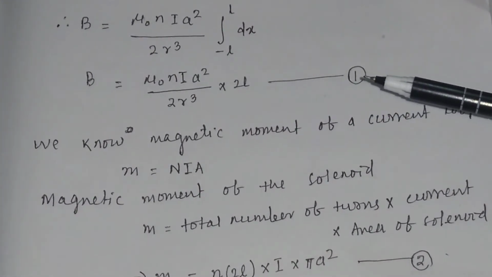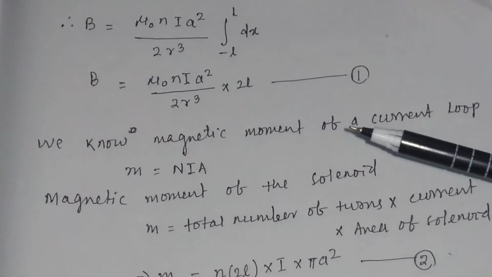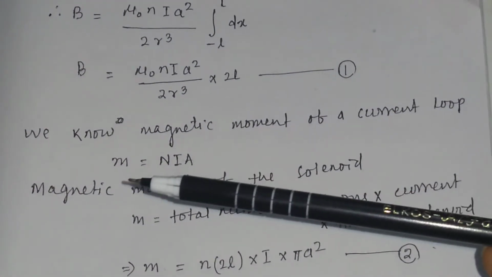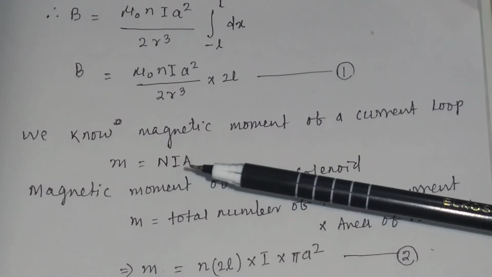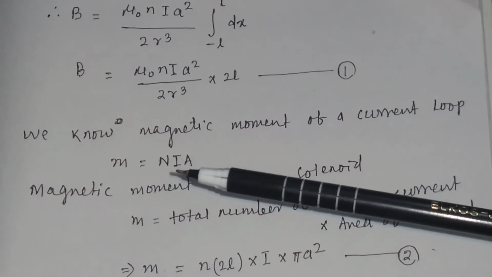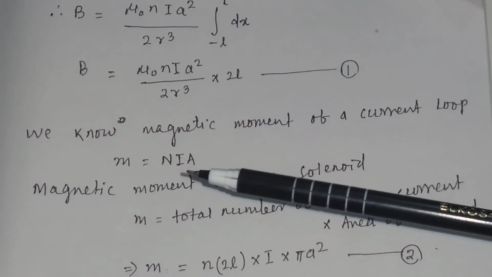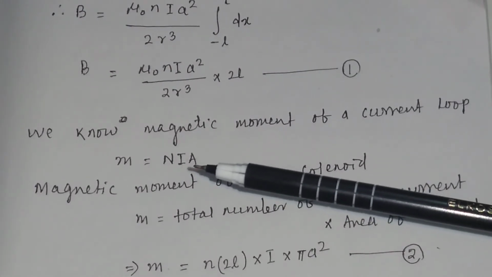Suppose this is equation number 1, and we know the magnetic moment of a current loop is given by the formula m is equal to n I into a, where n is the number of turns, I is the current passing through the loop, and a is the area of the loop.